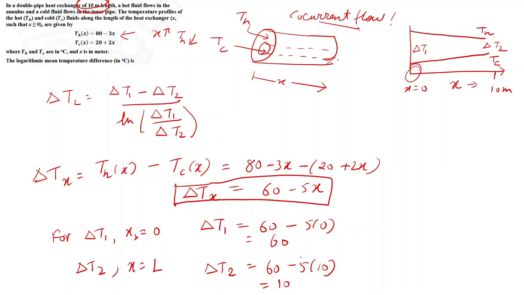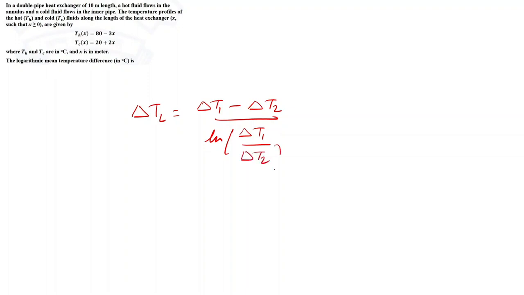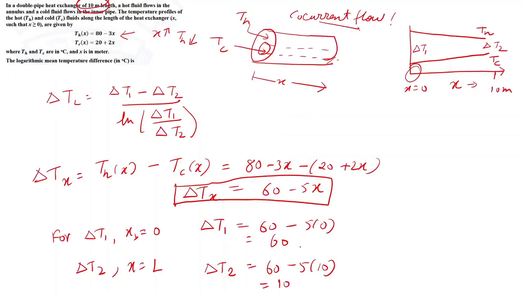Okay, so we have delta T1 and delta T2. Based on that, we can calculate my log mean temperature difference. Okay, so delta TL is equal to delta T1 minus delta T2 upon ln of delta T1 upon delta T2. So delta T1 was 60 and this is 10.